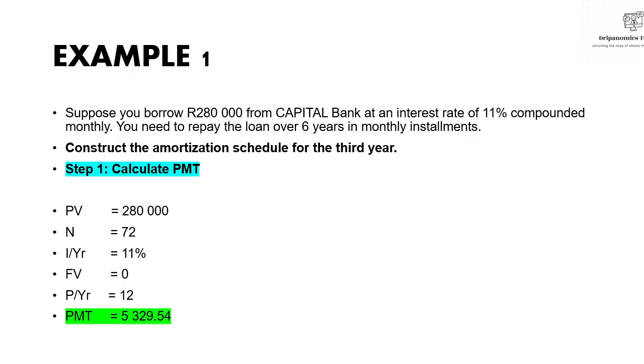Let me just complete this calculation on my calculator, because I will need it when it comes to amortizing the actual loan. 11%, 0 FV, solve for PMT: 5,329.54. Now, you do not erase anything on that calculator.